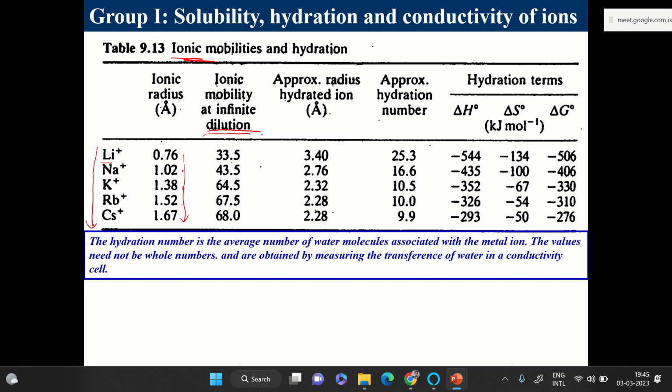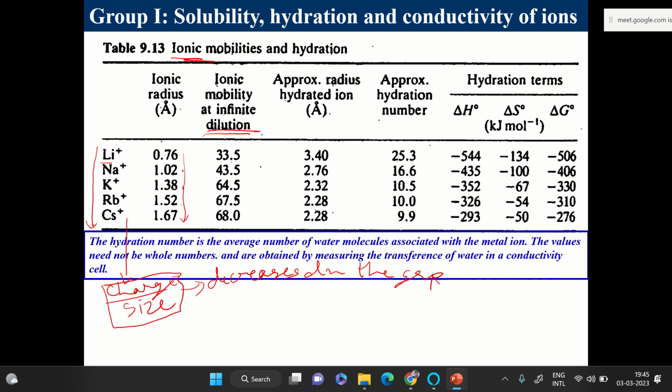As you go down, the size of cation increases, the electric field, the charge by size, if you calculate the charge to size ratio, that gradually, because the size increases, charge remains constant, so this factor also decreases down the group. ठीक है, down the group decreases.